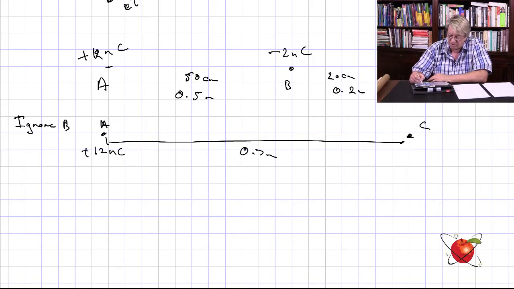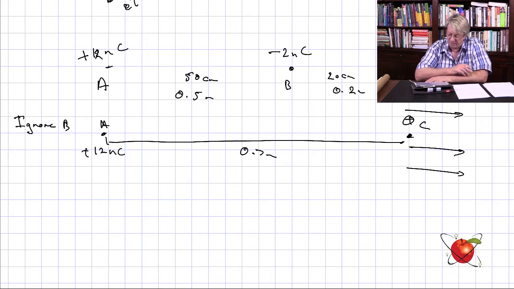Now hang on, we don't know what C is, but remember, the basic rule is you use a test charge. If you're not given it, you have a little positive charge there, and you see which way the field strength is. Positive to positive means you're going to have a field strength that way, correct?